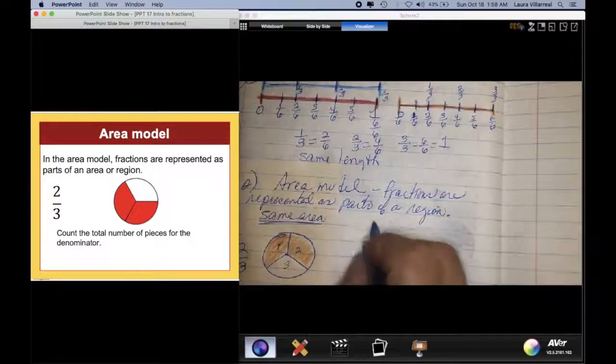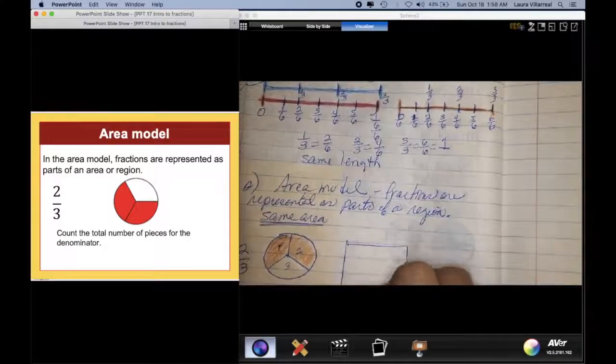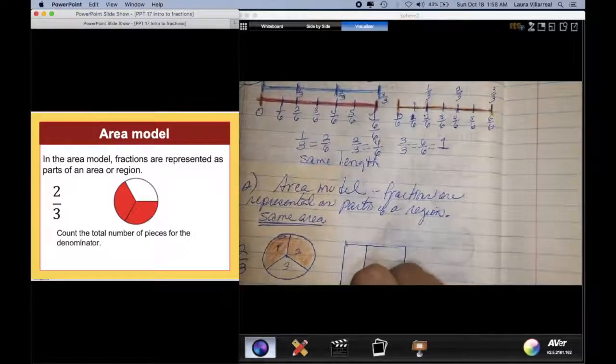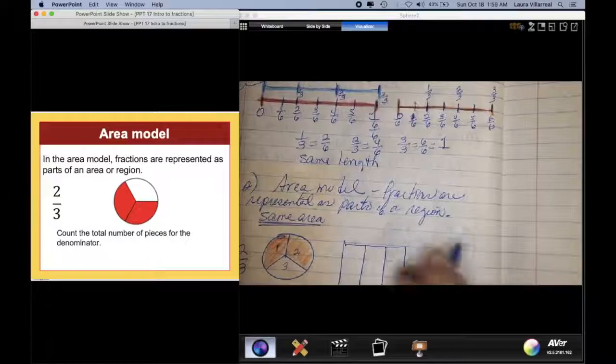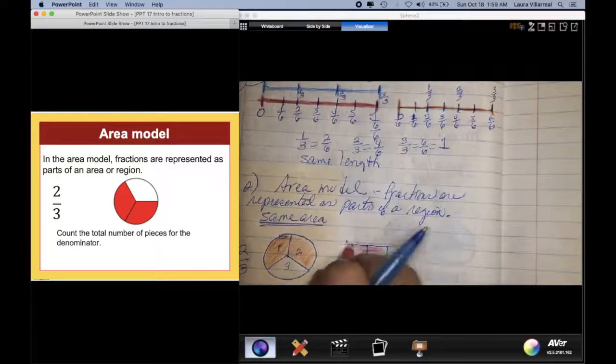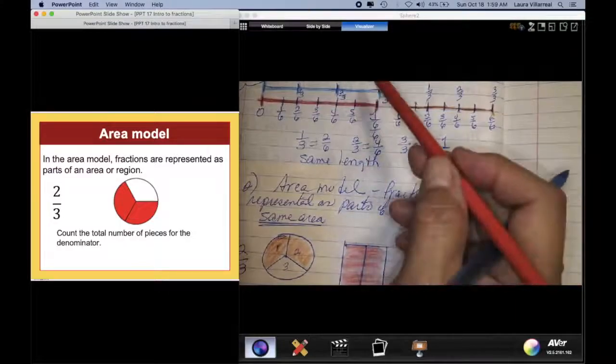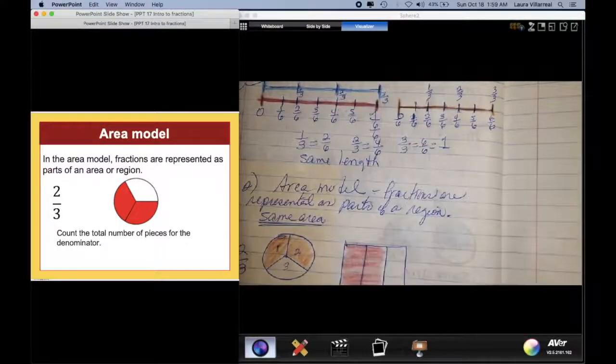I could do a square, let me see, thirds. I could do a large rectangle, 2/3. This would be the area model. Now I know this one kind of looks like the fraction strip, but it's more of a rectangle.